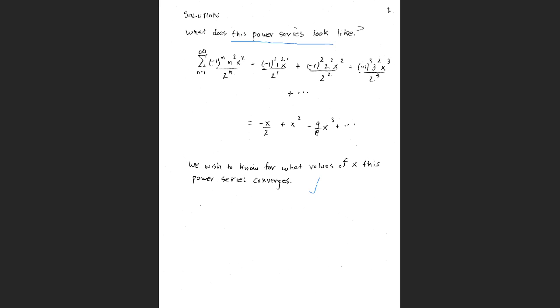The index starts at what? What does the index for the power series start at? What's your starting value for n? N equals 1. That's right. So the first term of the series is when n equals 1, right?